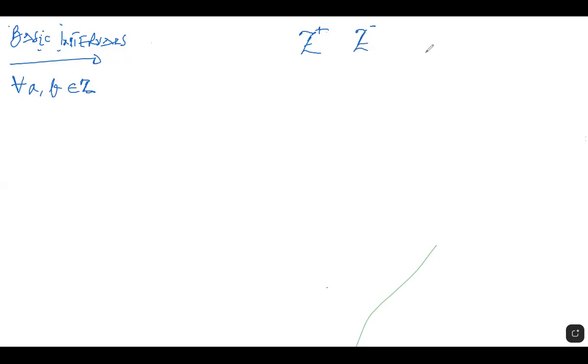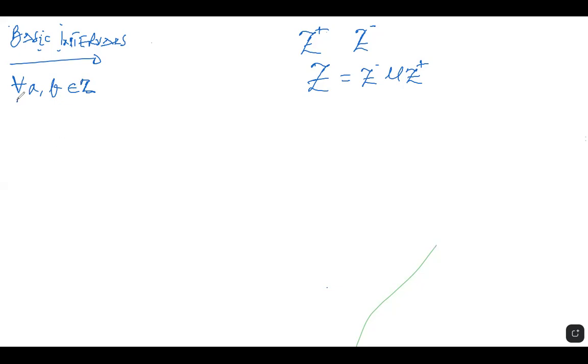But when I say Z without any positive or negative at the top, this is essentially the set of negative integers union the set of positive integers, because the negative integers and positive integers together give you integers in general.